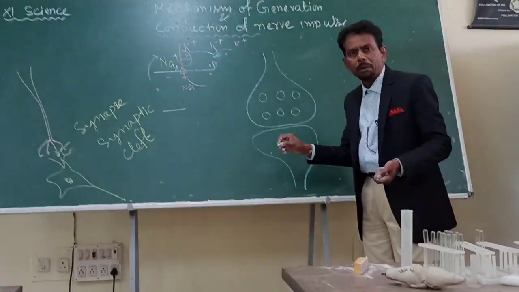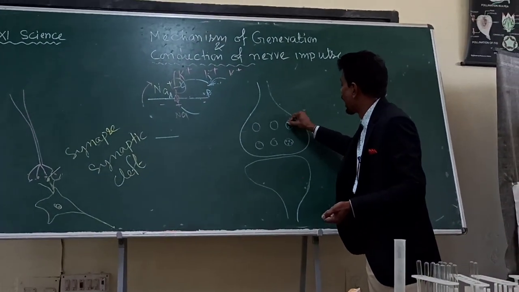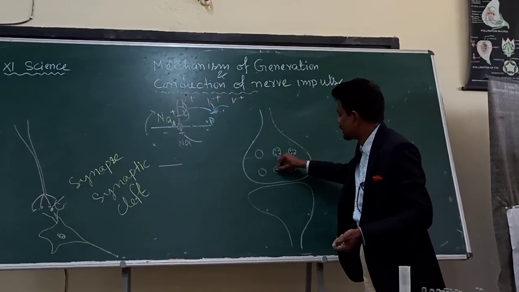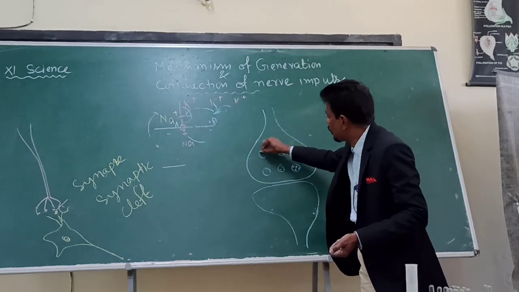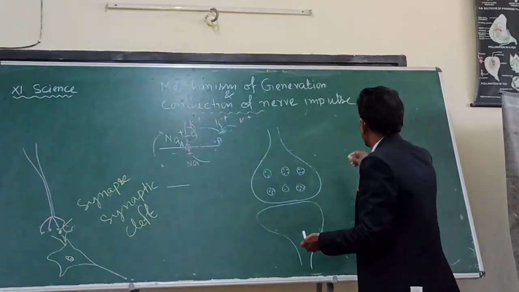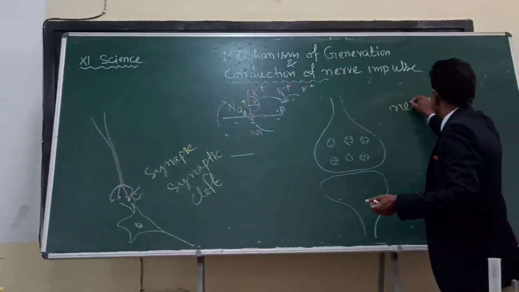Now, the synaptic vesicle contains a chemical. This chemical is called acetylcholine. What is it? Acetylcholine, otherwise commonly called a neurotransmitter. What is it called? Neurotransmitter.